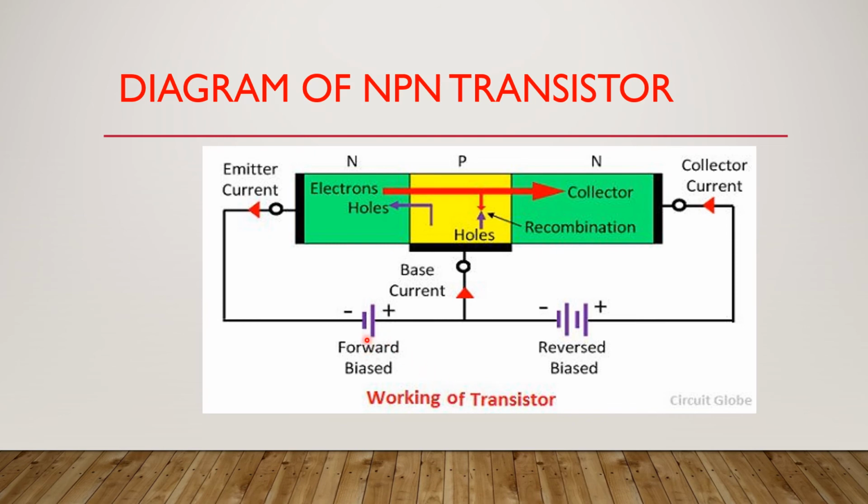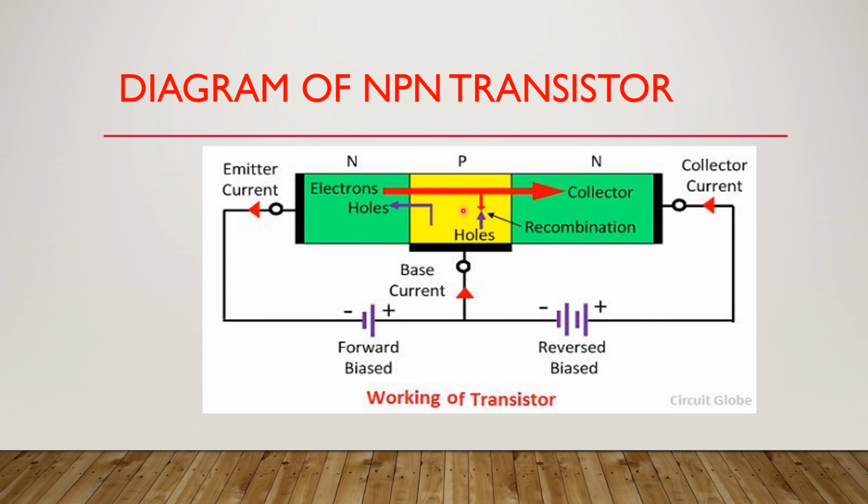Due to the forward bias in emitter and base junction, electrons move towards the P-type material. Due to that, emitter current flows. In P-type material, number of holes are less than the number of electrons in the N-type because its size is small.